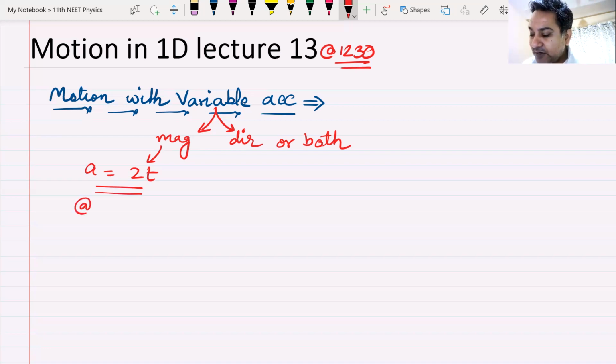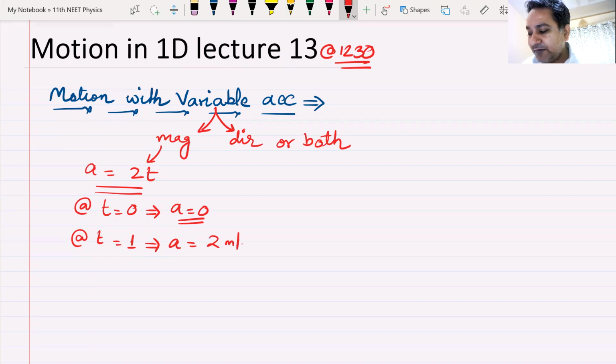As you can see, at time t equal to 0, acceleration becomes 0. At time t equal to 1 second, acceleration becomes 2. The unit is meter per second square.